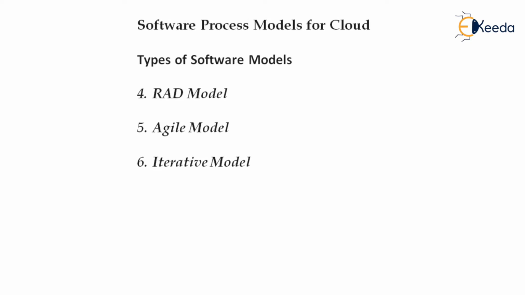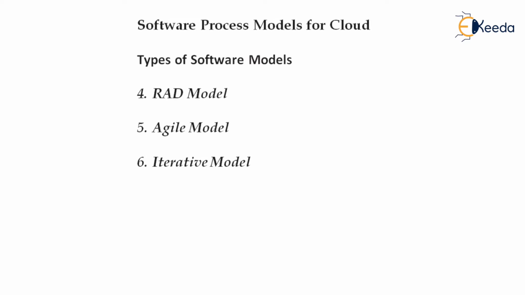Then we'll come to the agile model. So what is this? The agile model is also an incremental model where the software is developed in rapid incremental cycles. The development results in tiny incremental releases and is based on previously built functionality, and it's carefully tested to ensure software quality.